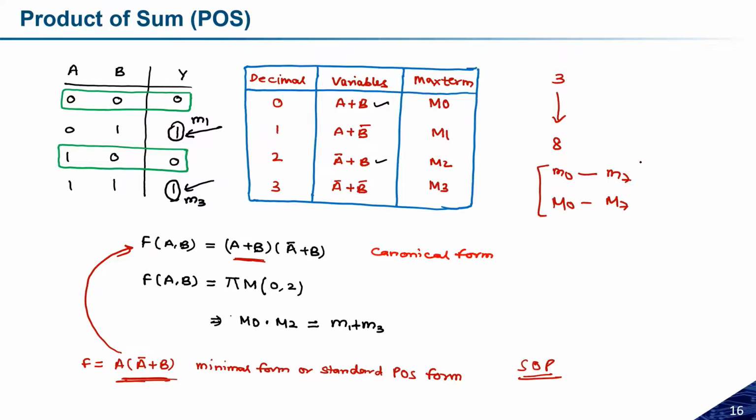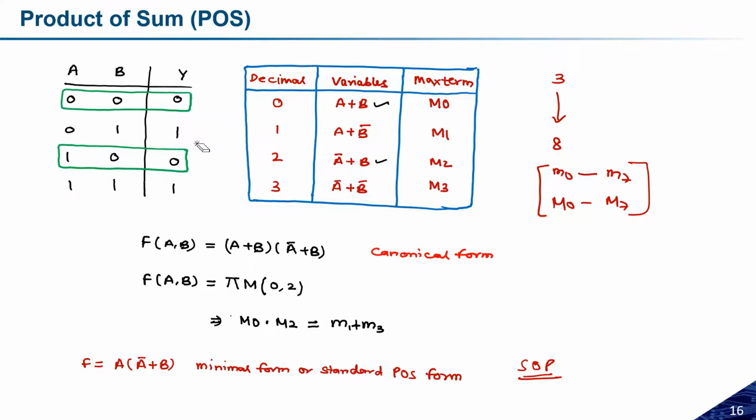This is easily doable, but the thing is how the standard form can be converted into the canonical form. Let me tell you how to do that a little later. These things are especially important if we are talking about the POS form.